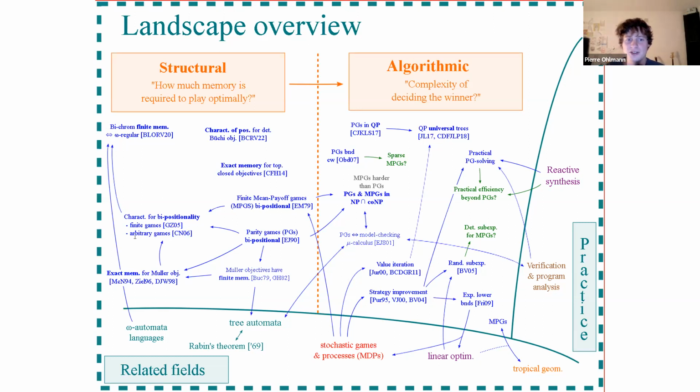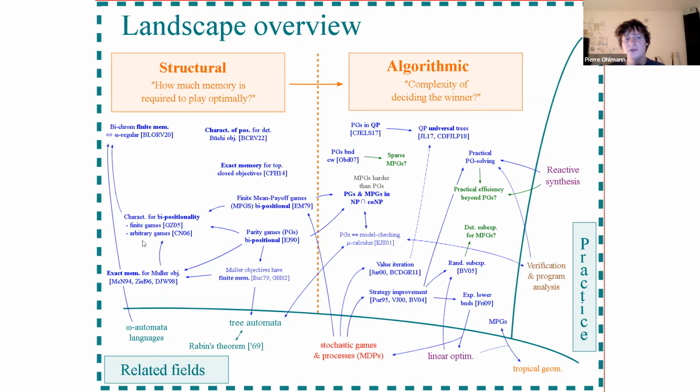Also, there's this very nice result of Kopczyński and Ohlmann that says that if you have an objective which is bipositional on all arbitrary graphs, plus it's assumed prefix independent, then it's a parity objective up to renaming the colors. So that's a very nice result. It says that essentially the only objective which is positional, whose complement is positional, and which is prefix independent is a parity objective.